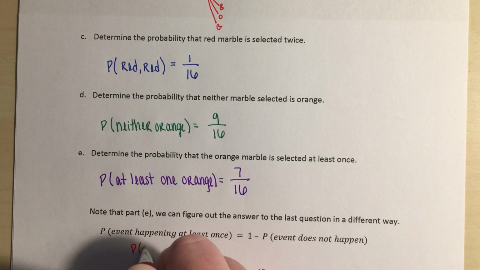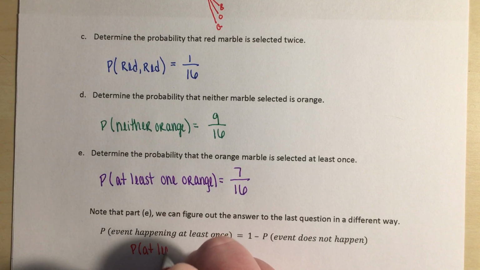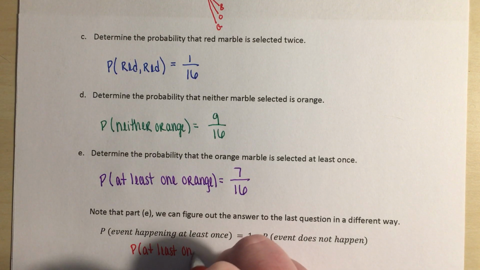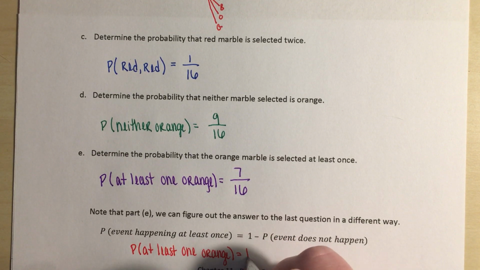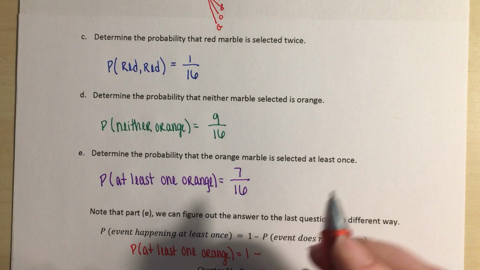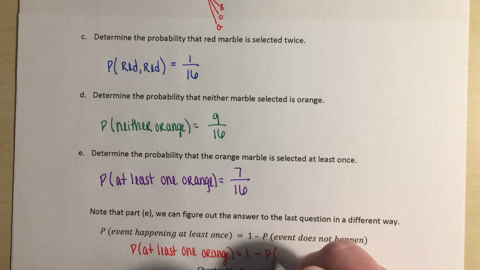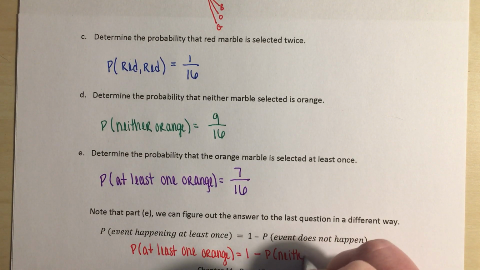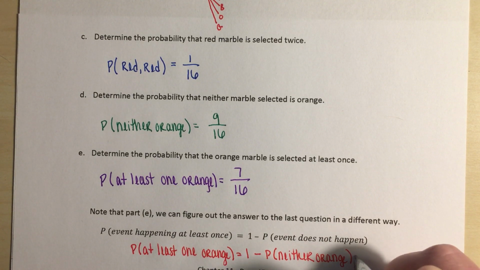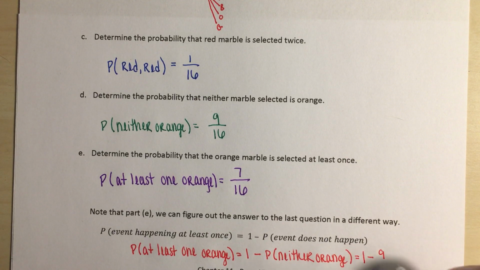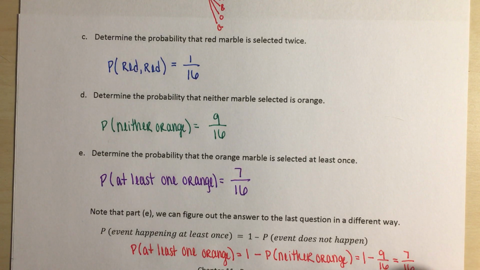So the probability of at least one orange is 1 minus our probability of neither orange. And 1 minus our answer to D of 9/16 gives us our answer to E of 7/16.